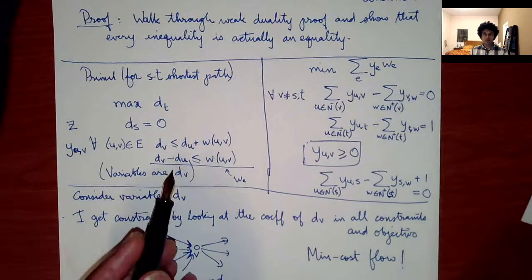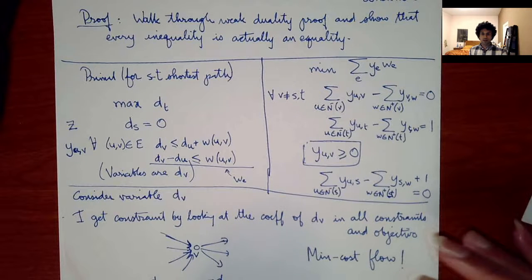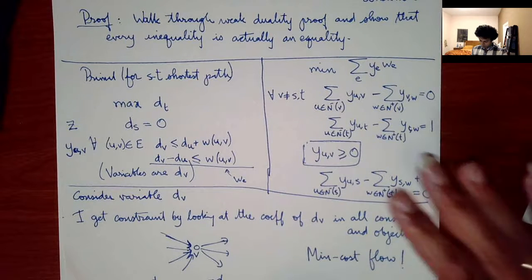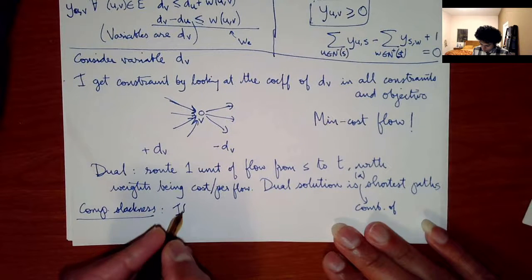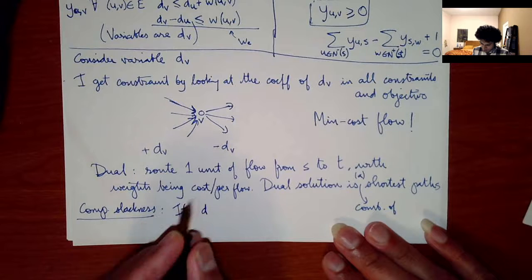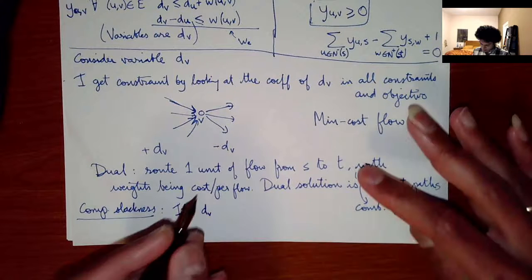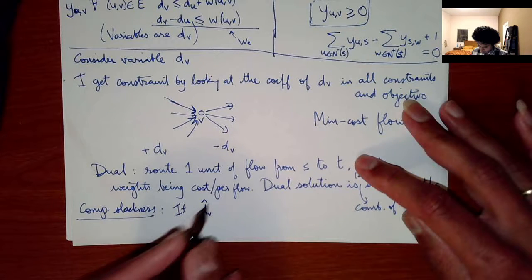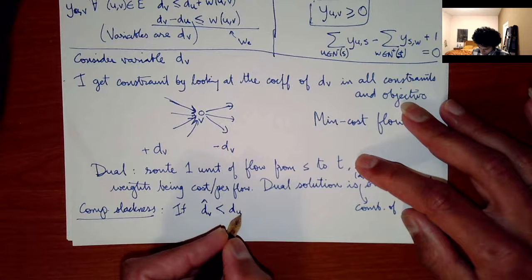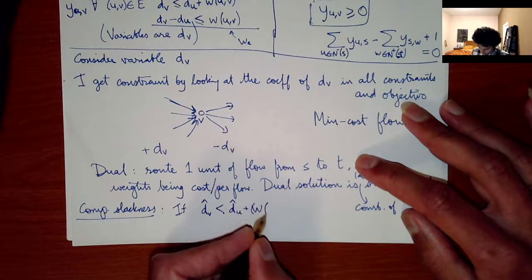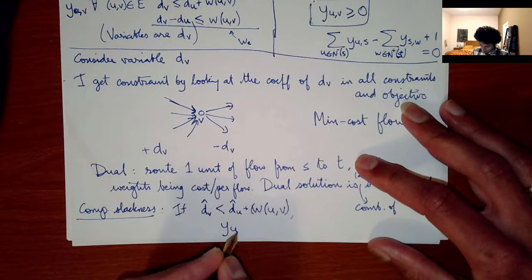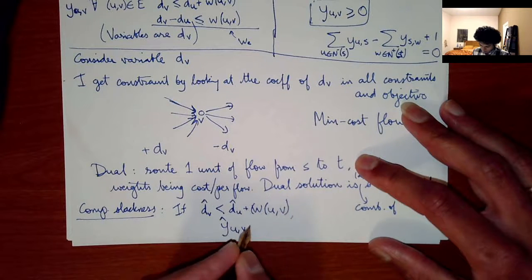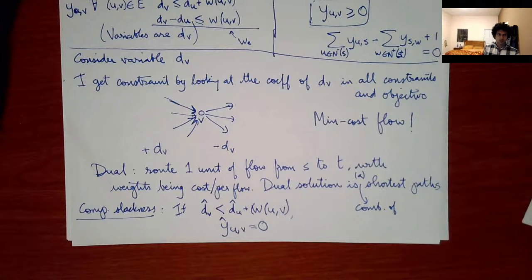What does it mean for that to be not tight? So in complementary slackness, it says that if d_V, this is, let's say, the optimum, so d hat is strictly less than this weight, then y hat_uv is 0.